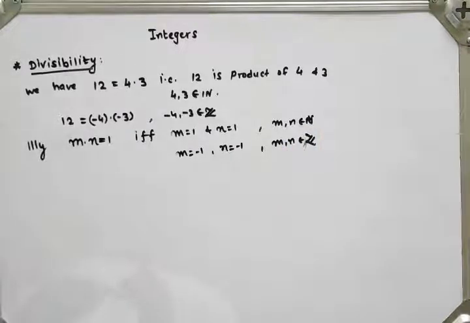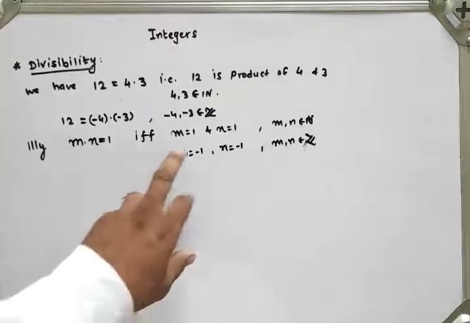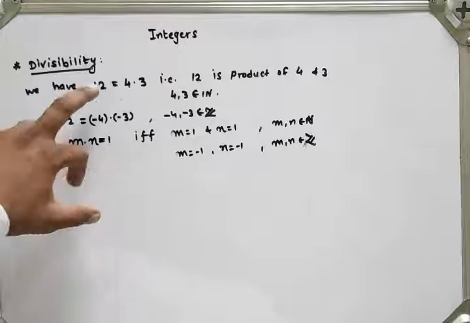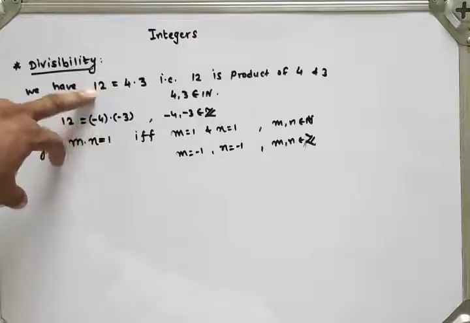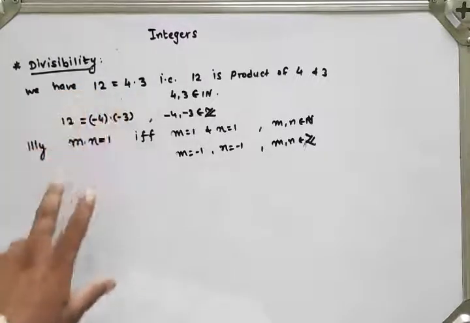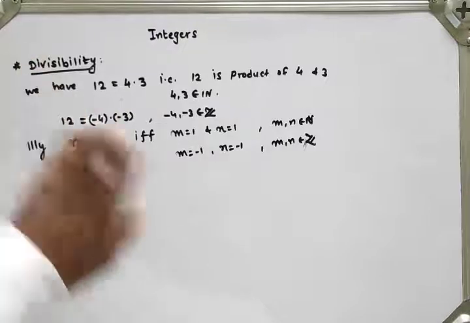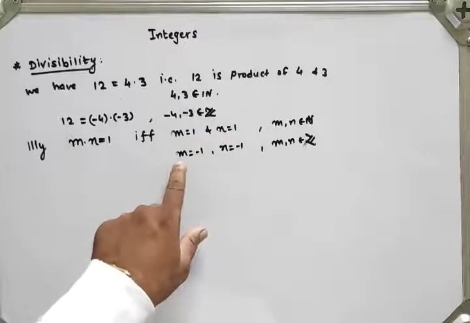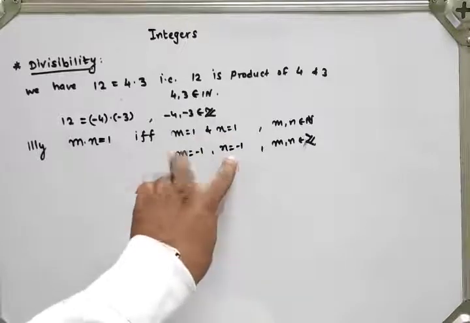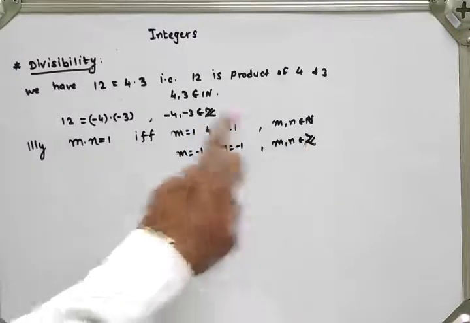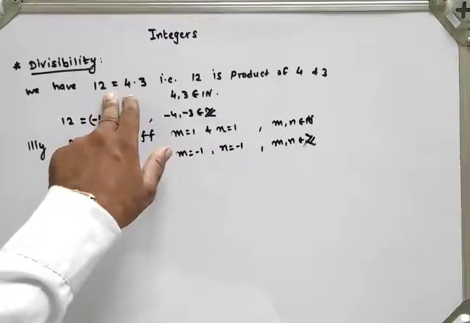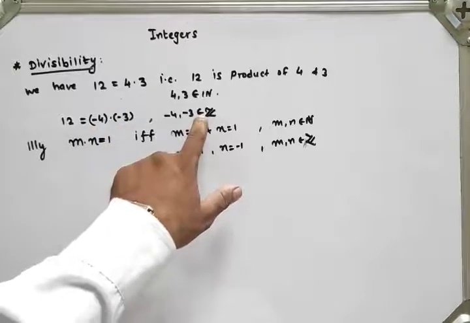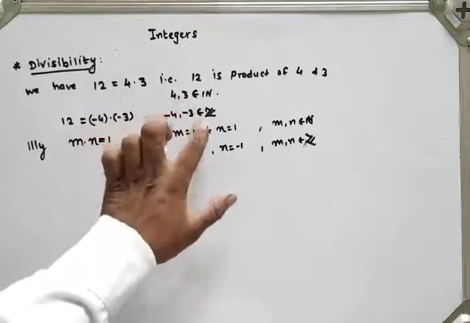So what we see is that in the set of integers we have two solutions for each of the equations. 12 is equal to 4 into 3 and m into n is equal to 1 each have two solutions in the set of integers: m is equal to 1, n is equal to 1, and m equal to minus 1, n equal to minus 1. And 12 is equal to 4 into 3 has two solutions, 4, 3 and minus 4, minus 3.